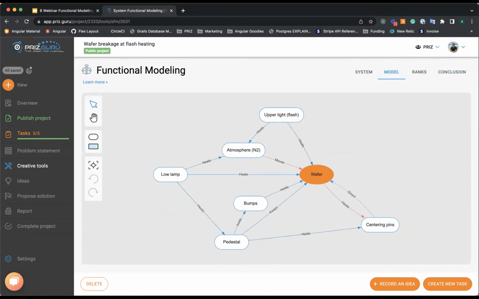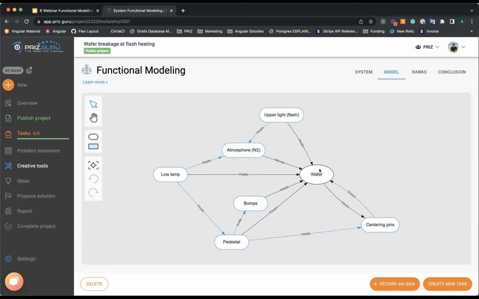We're defining the components, we're defining the functions, and we're trying to think how we can create the problem that we see, the failure that we observe within the system, in this case in the wafer, on the product. How can we create that problem? How can we create a symptom that we're seeing? This is what we're trying to model.